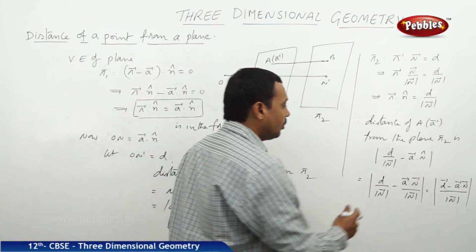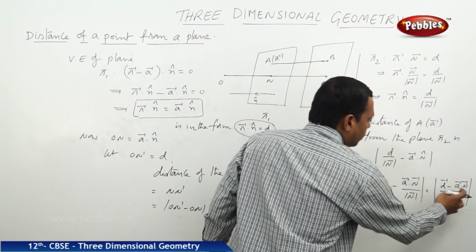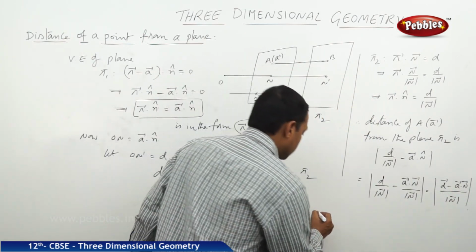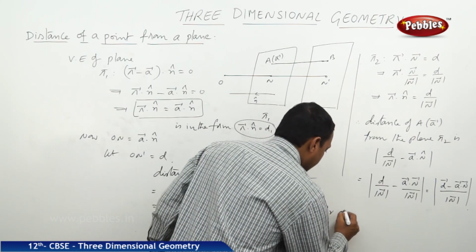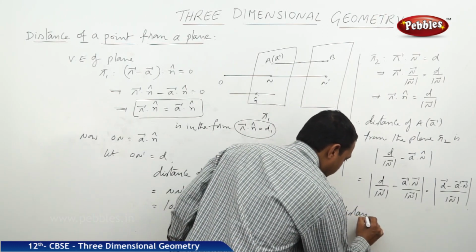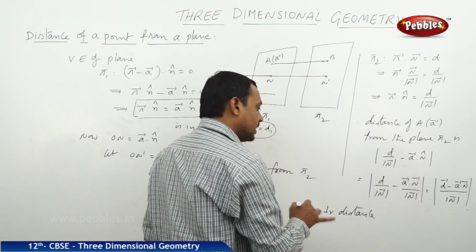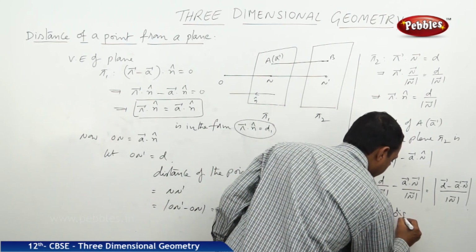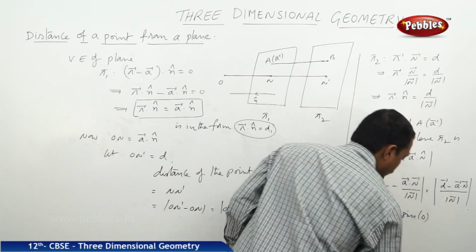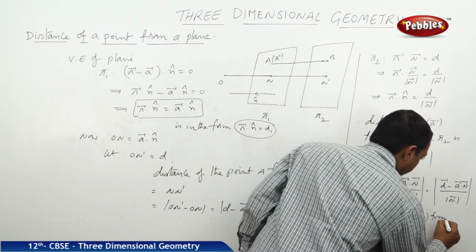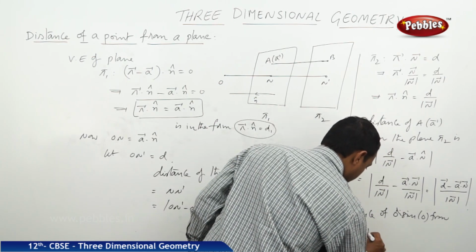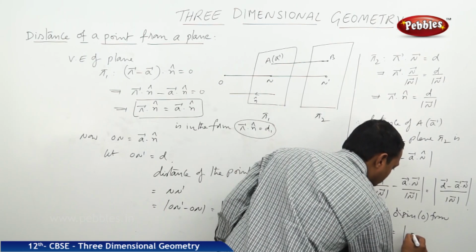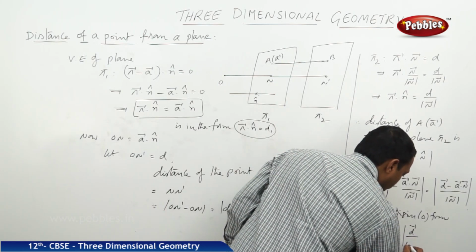So that now it becomes modulus of d by modulus of n vector. Therefore the perpendicular distance, or simply the distance of origin from the plane is modulus of d by modulus of n.